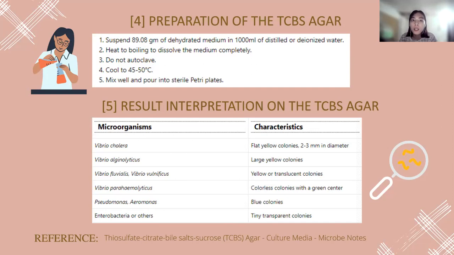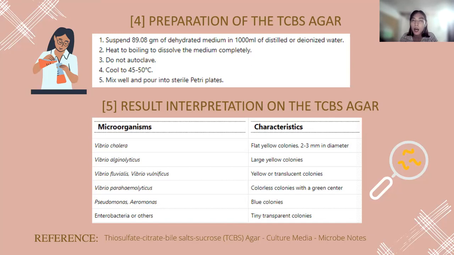Number two, upon mixing the solid and liquid ingredients, we have to heat it to boiling to dissolve the medium completely. The principle behind this is that we increase the kinetic energy inside the medium that we are preparing, and because of that, there are collisions happening.